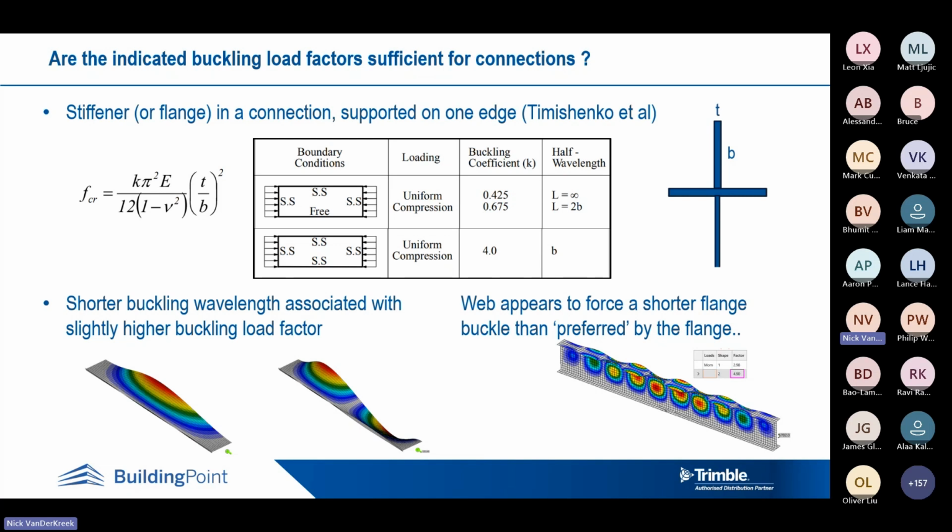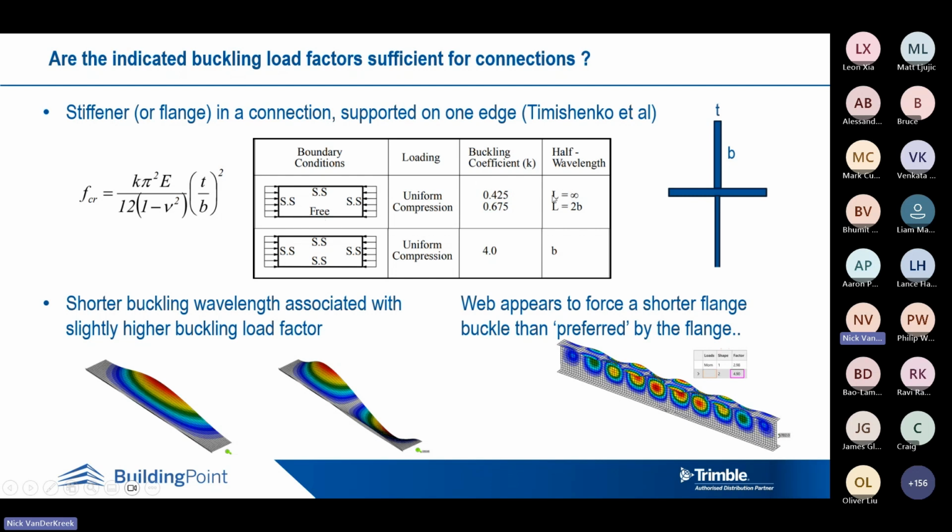But getting back to Timoshenko's fundamental critical buckling stress, it depends on support conditions of a plate in compression. So here we have a flange type situation, or a stiffener like this, where it's simply supported on one side. Theoretically, there might be some rotational restraint, but assume we have uniform compression, simply supported on one side and the other side free.